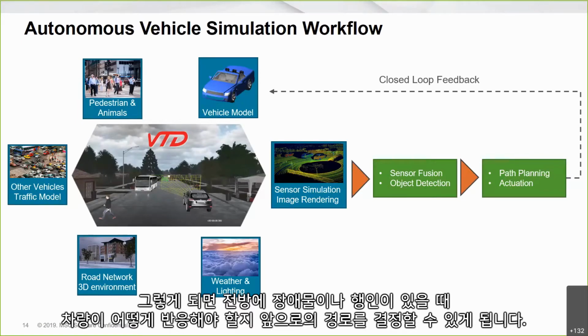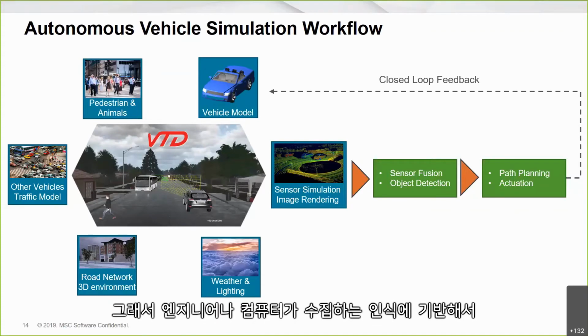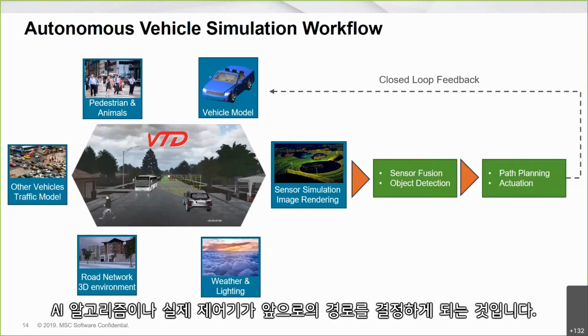So based on the perception that the engineers or the computer is getting, the AI algorithm or the actual controller will decide what the path planning is.